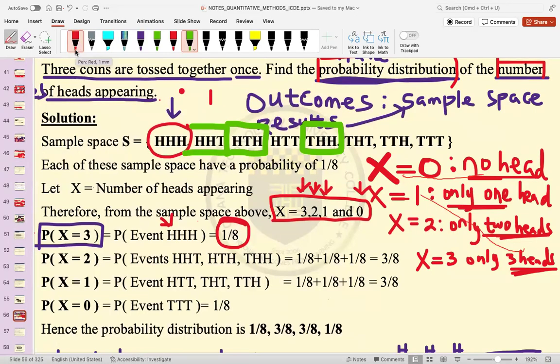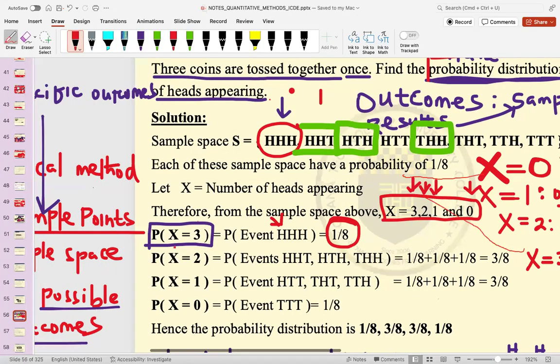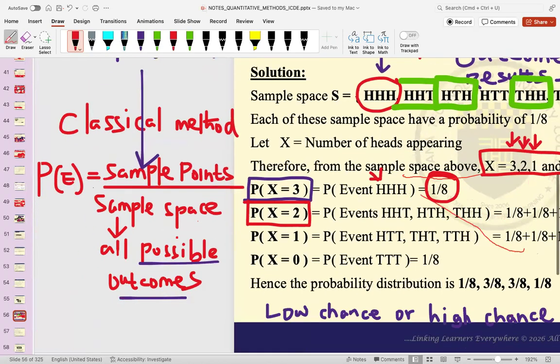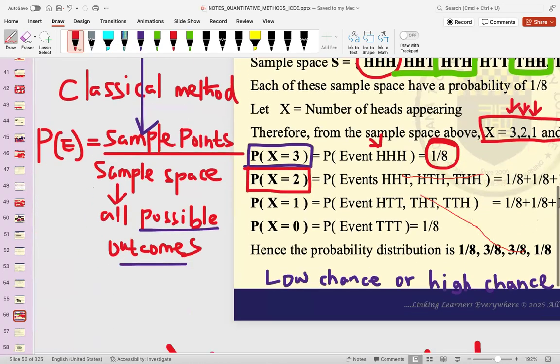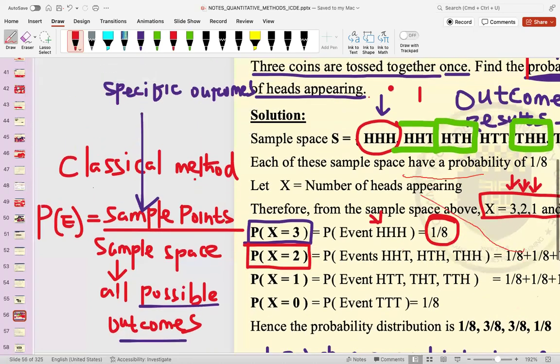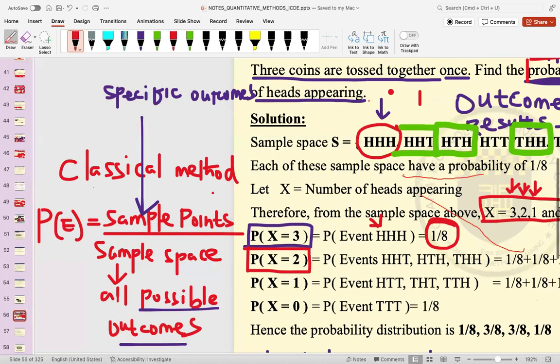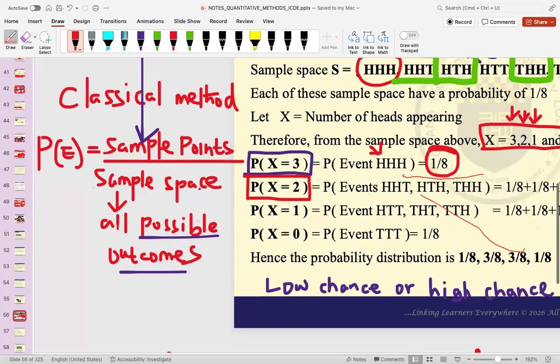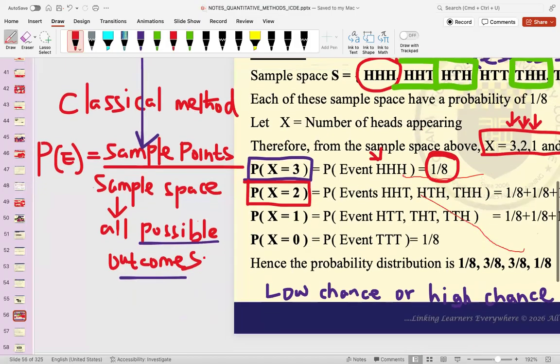So how do you do the calculation for P of x equals 2? We use the same formula: sample points divided by sample space, where sample points are specific outcomes and sample space is all possible outcomes.